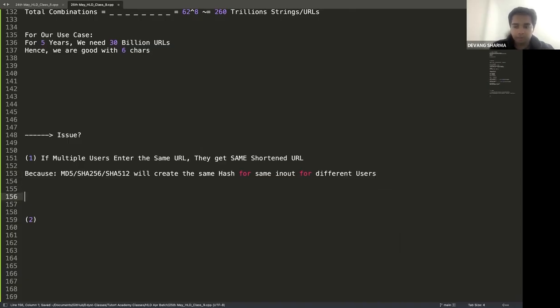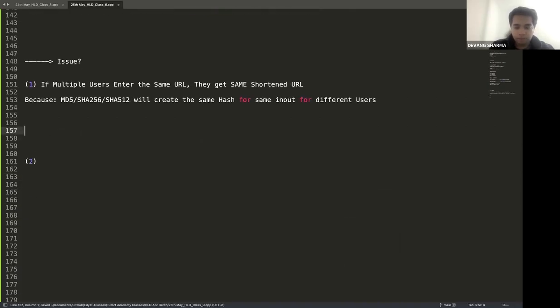What does that mean? Take an example. The website is google.com. Let's say there is a user A and there is a user B. Now what happens in such use cases? User A says, hey, I want to generate a short URL for google.com.